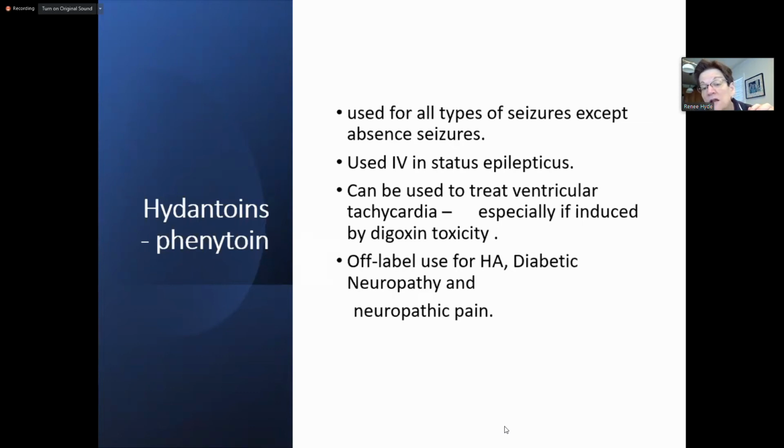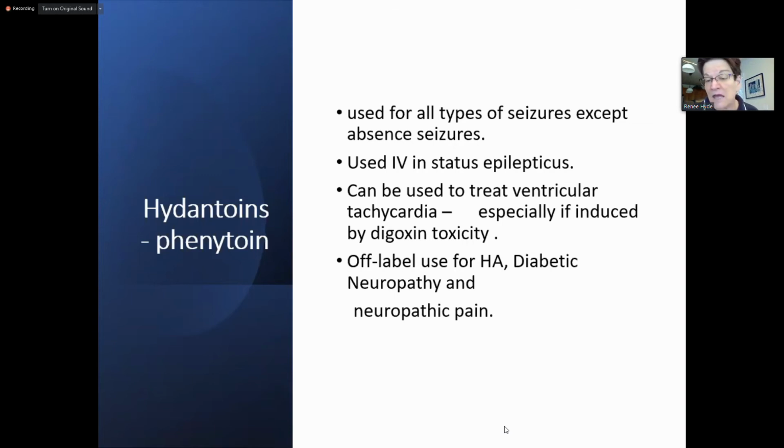We see a lot of patients use it for diabetic neuropathy or neuropathic pain, because a lot of anticonvulsants are used for pain syndromes because it also stops that spread of that pain from one area to the next. So a lot of patients may be using this for pain instead of for seizure control.